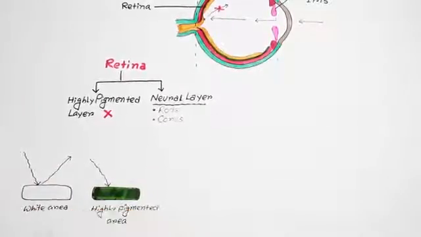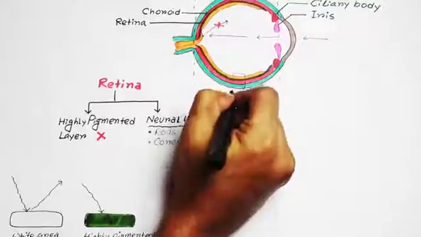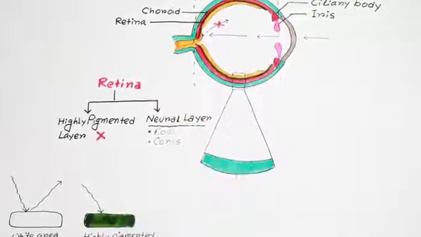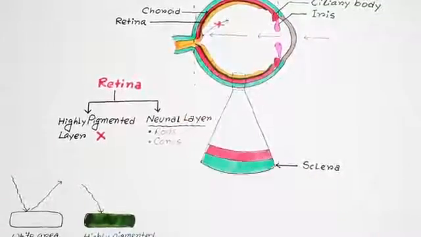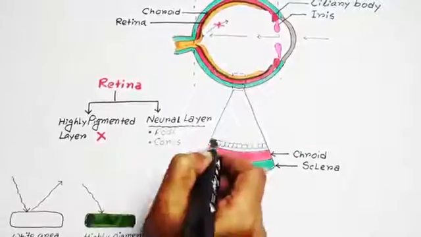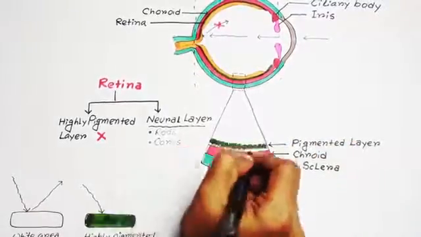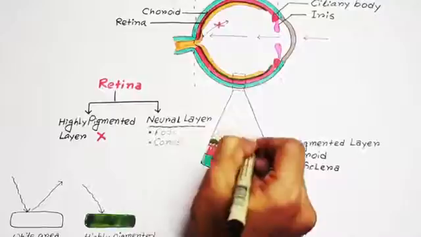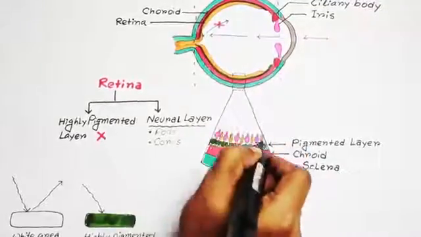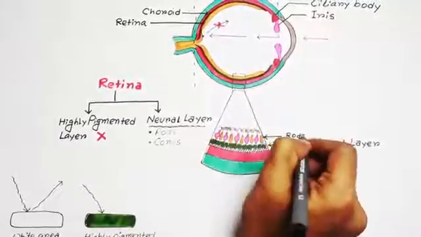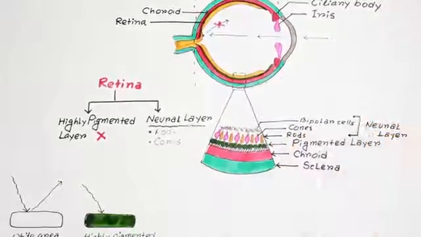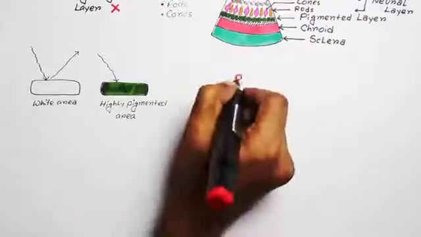That's why this inner retinal layer is highly pigmented. Let's enlarge this area. Here it is sclera, then choroid, and this pigmented layer, and just above the pigmented layer there is the neural layer which contains rods and cones and bipolar cells, etc.